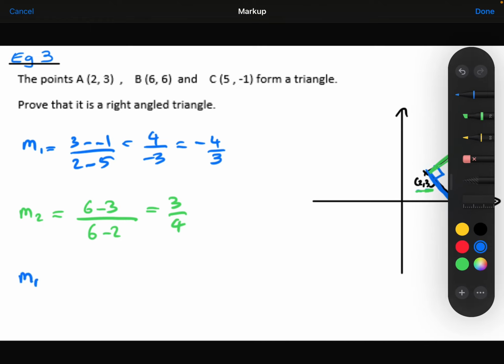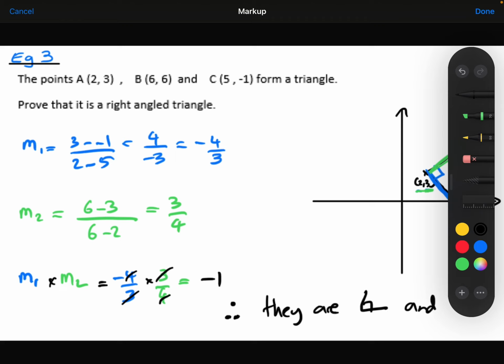I'm going to say m1 times m2 equals, so m1 is the minus 4 over 3, m2 is the 3 over 4, and note that when we multiply those together, the 3s would cancel out, the 4s would cancel out, and we just get minus 1. Therefore, they are perpendicular, and it is a right-angled triangle.